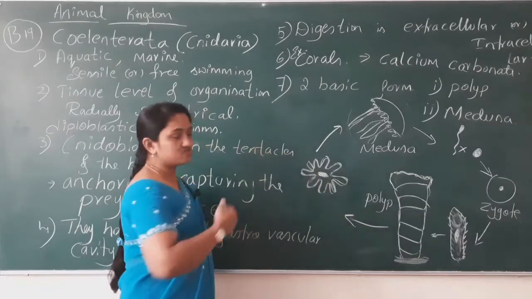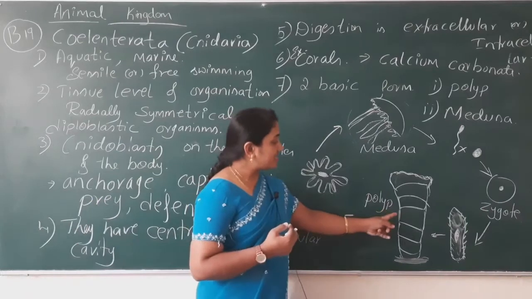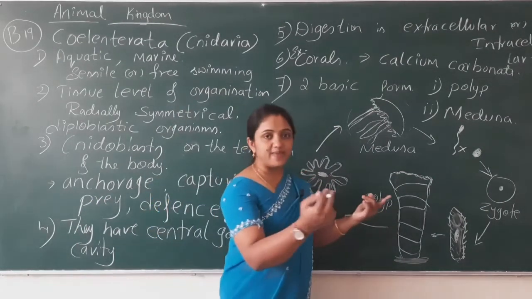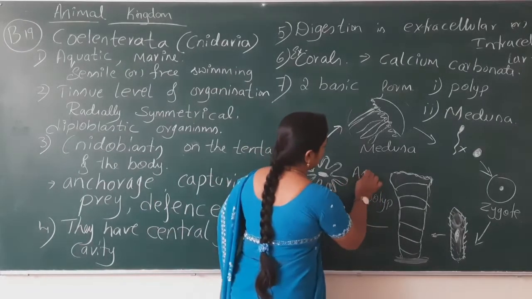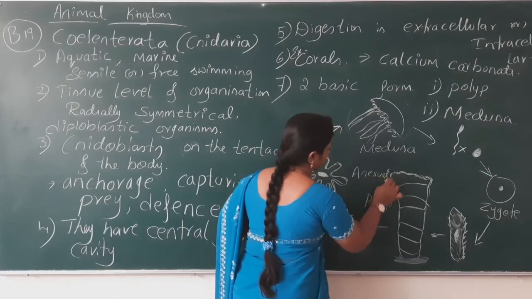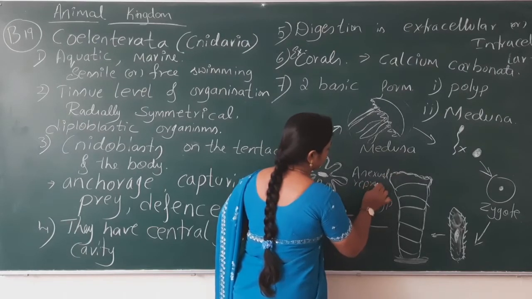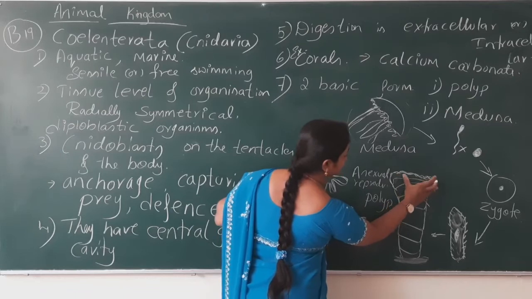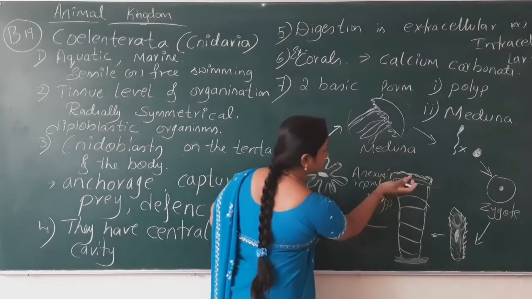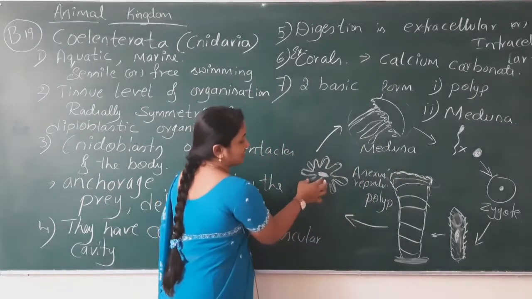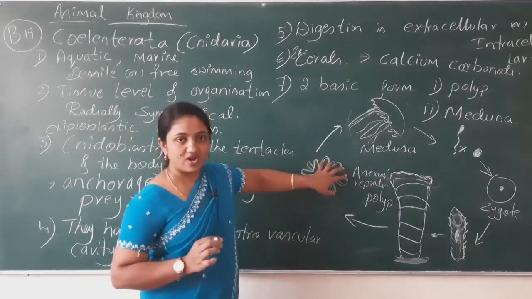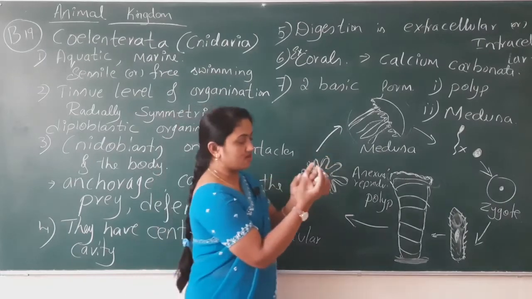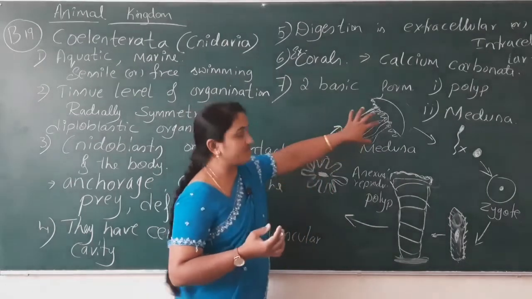Again, it continues its life cycle by releasing free living organisms by means of asexual reproduction. From this region, it releases this kind of structure. So what actually is it? This is the basic structure, the young juvenile stage of Aurelia.